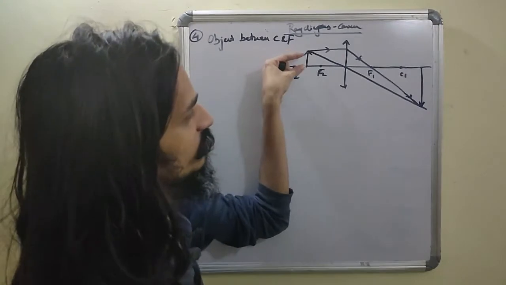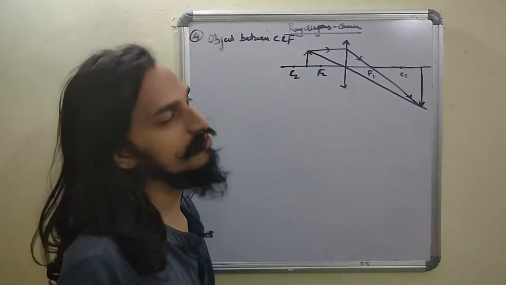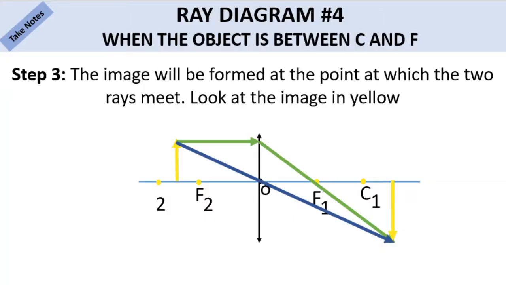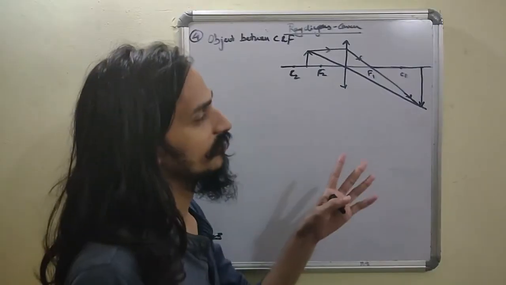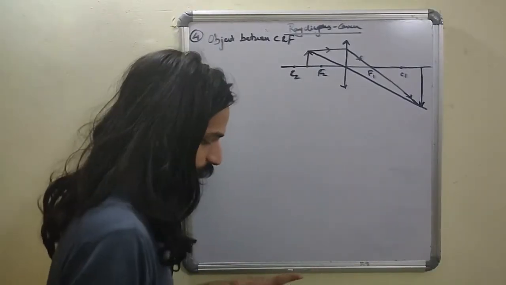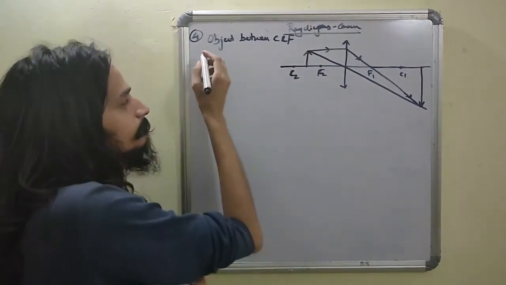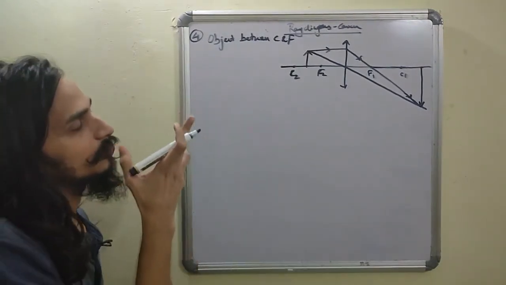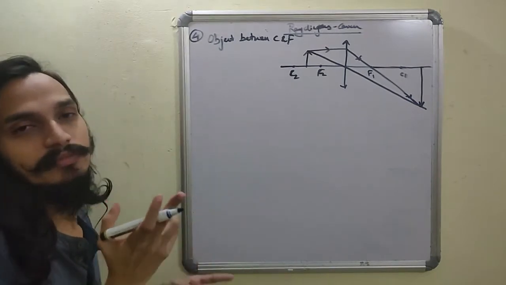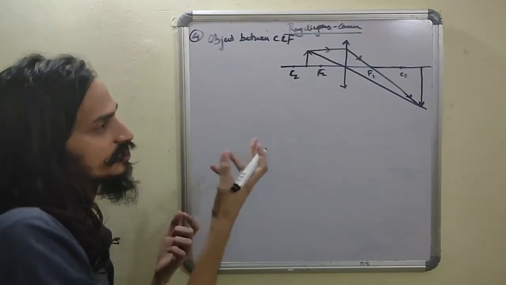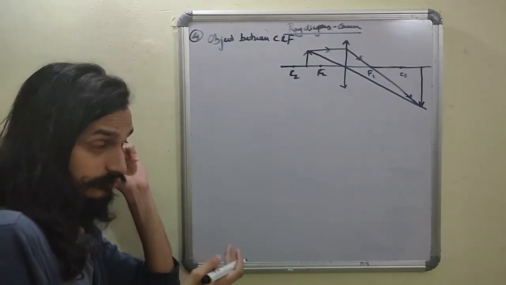Look at the size of the object, look at the size of the image. Big difference, right? So whenever an object is between C and F, the object is magnified, it's enlarged. Basically, it looks bigger than it is.